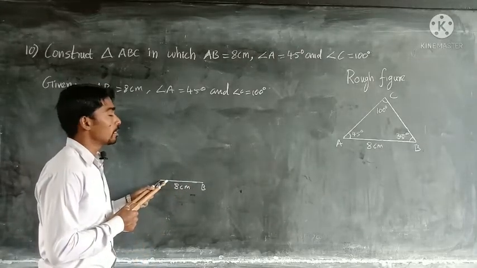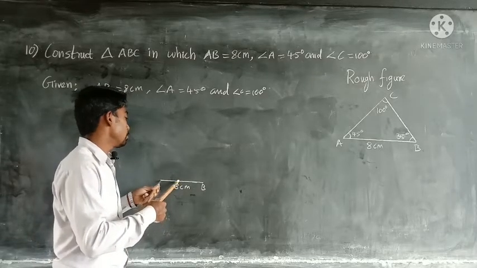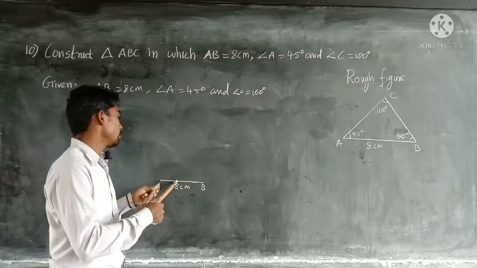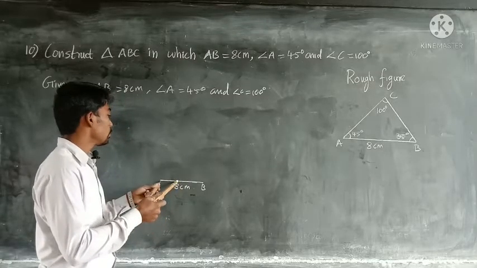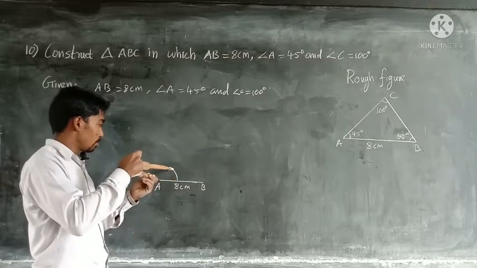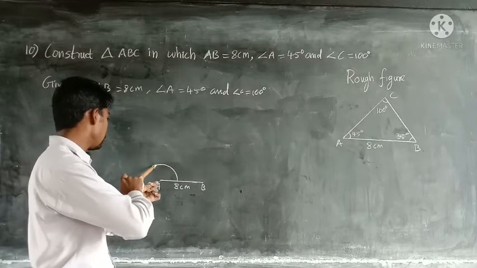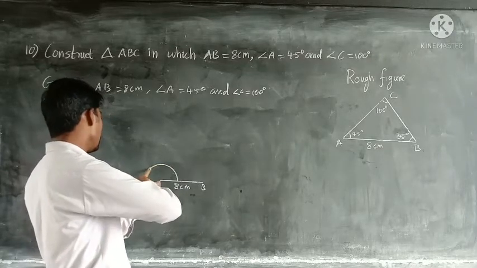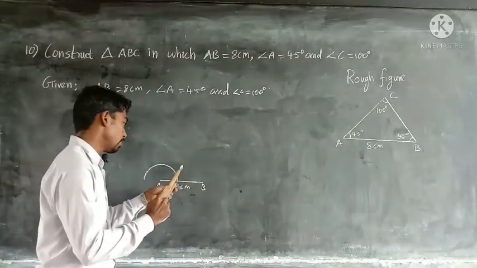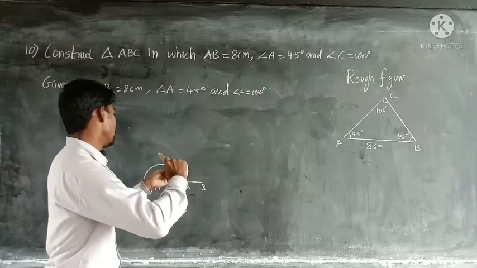To find angle A, take less than half of the radius by using compass and make an arc. Make a circle. By using same measure, you draw arc on the circle.